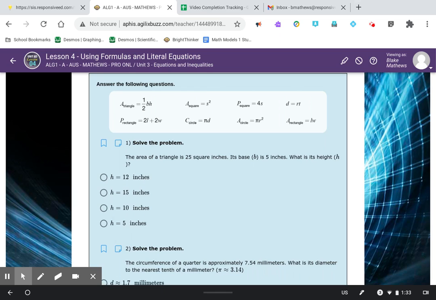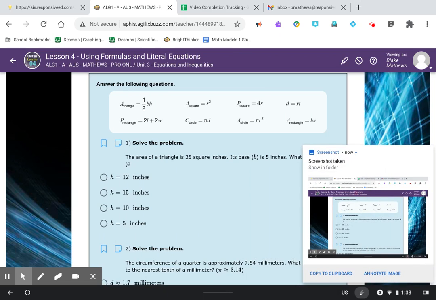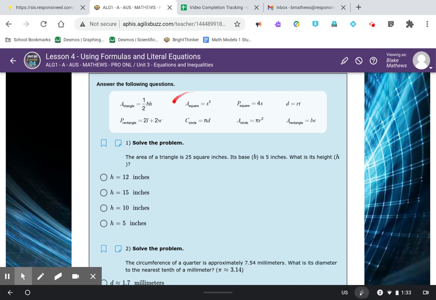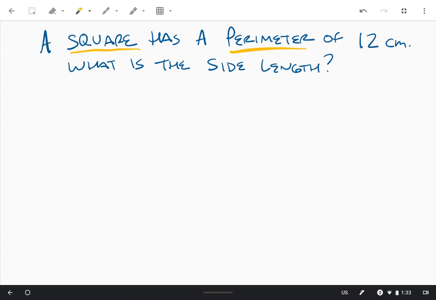The perimeter of a square is 4s. So I'm going to write that down. Perimeter of a square is 4 times s.